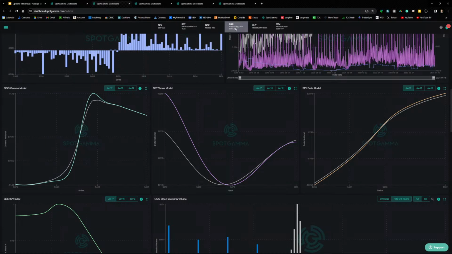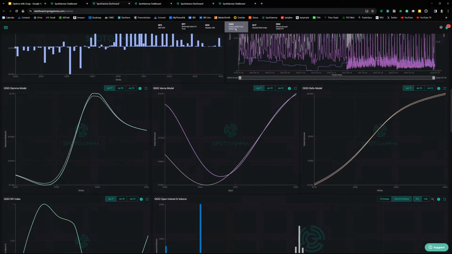Quick check on QQQ. QQQ trading right around 404. So also on this left portion of the curve, indicating market makers will need to trade with price to hedge their delta exposure. Price decreases, they have to sell the futures. So in the case of QQQ, that would be NQ futures. And if price increases, they will have to buy back their short futures.